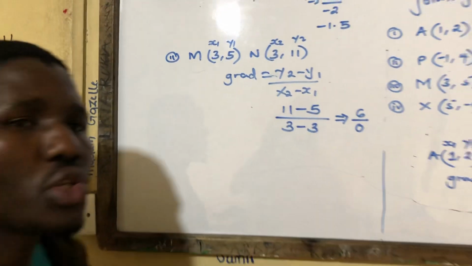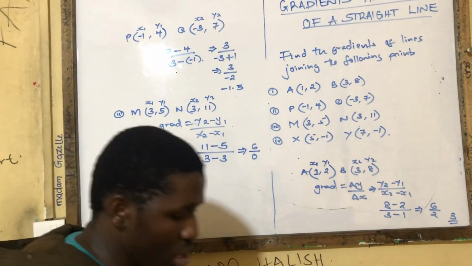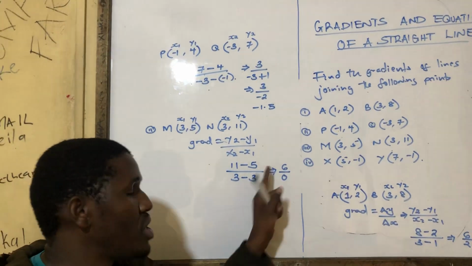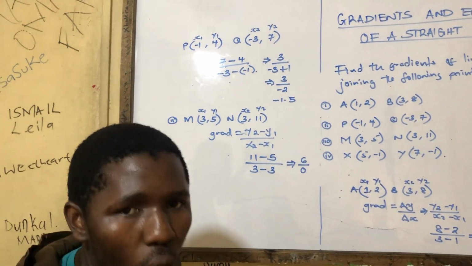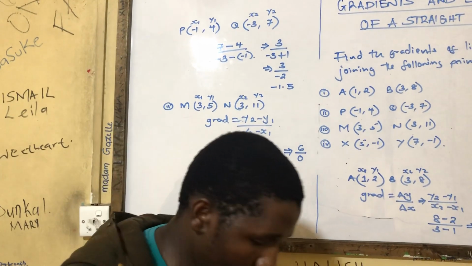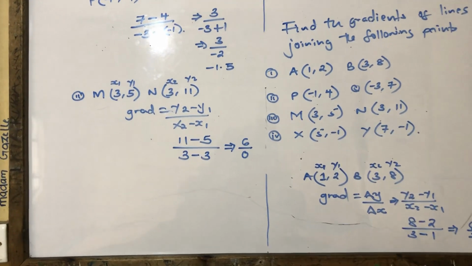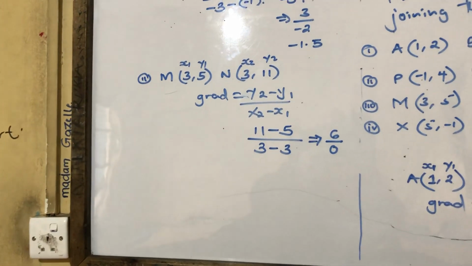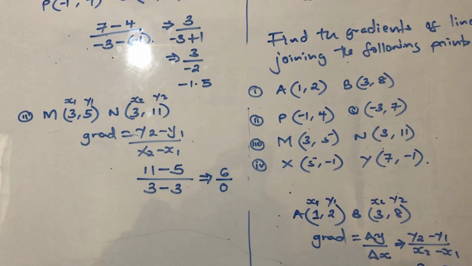I want you to consult with your calculator and agree with me that 6 divided by 0, the calculator will give you no answer. Confirm with me. So what do we get when we take 6 divided by 0?